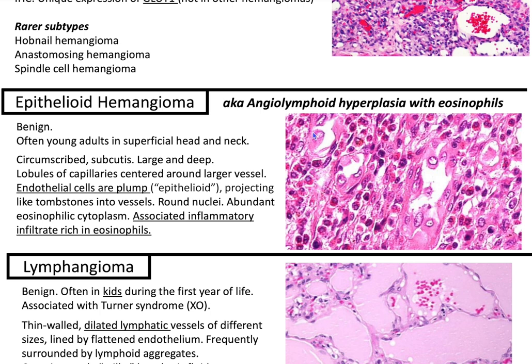And as you look at higher power, you'll see endothelial cells that are plump, kind of hobnailing, so to speak. And you'll have round nuclei and abundant eosinophilic cytoplasm. And it has associated inflammation rich in eosinophils. So here you can see the plump endothelial cells, and then the background inflammatory eosinophils.